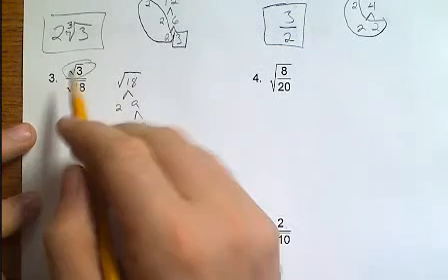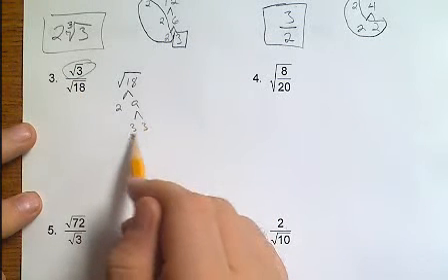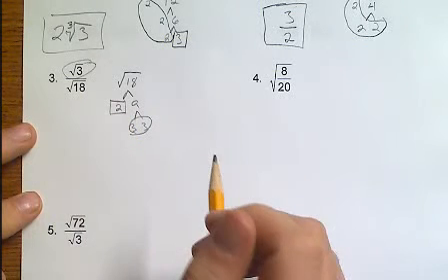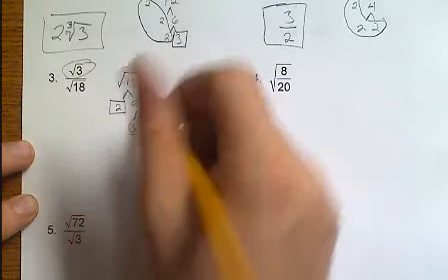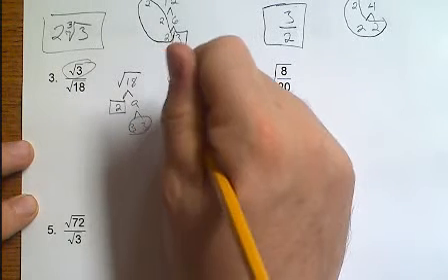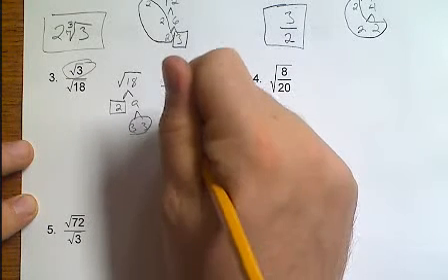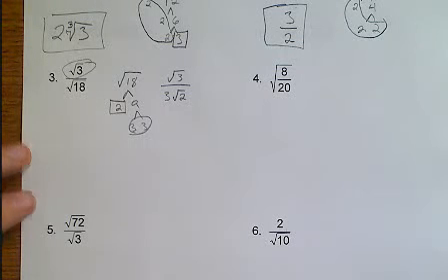And it's the square root, so I go ahead and pull these 3's out. The 2 is left behind. So let's see what I've got. I've got the square root of 3 on top of 3 on the square root of 2.